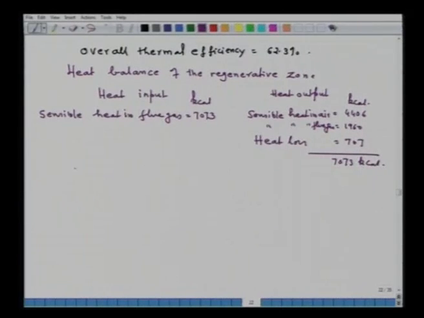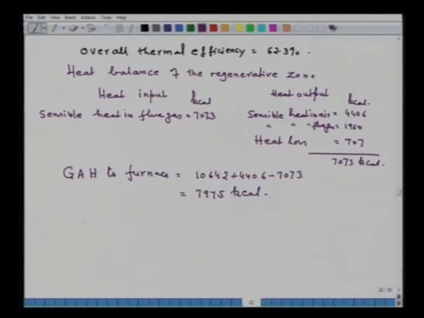So, now we can calculate the gross available heat to the furnace. That will be equal to 10642, which was the calorific value of the fuel, because you are using the same amount of fuel with the same calorific value, plus 4406 is the heat added, minus 7073 is the heat taken out by the POC. So, gross available heat is 7975 kilocalorie.